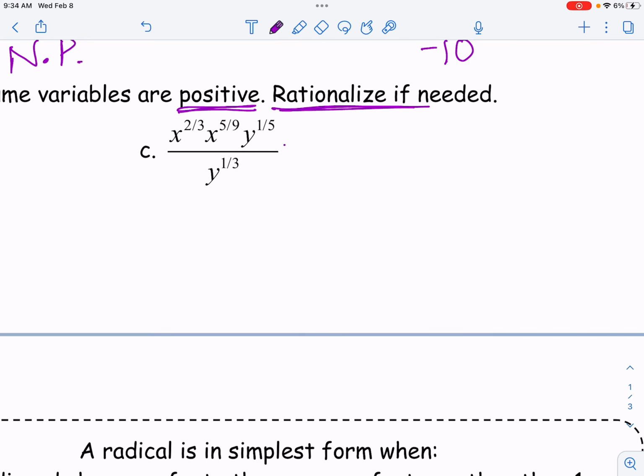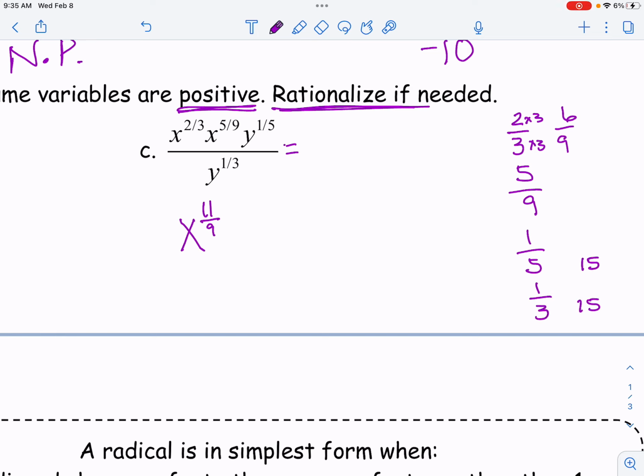So I'm going to combine my x's. I'm going to add 2/3 and 5/9. So I need a common denominator. This would be 9. It's 6/9, so 6/9 plus 5/9, that's 11/9. And then I have 1/5 minus 1/3. Common denominator is 15.